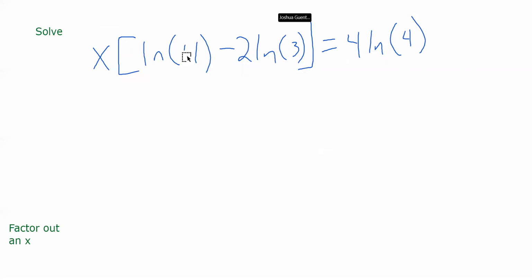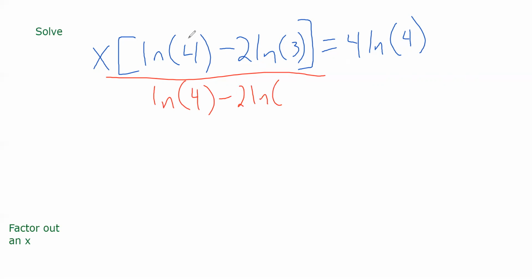So I'm going to divide both sides by that number, by ln of 4 minus 2 ln of 3. Divide this side by ln of 4 minus 2 natural log of 3.